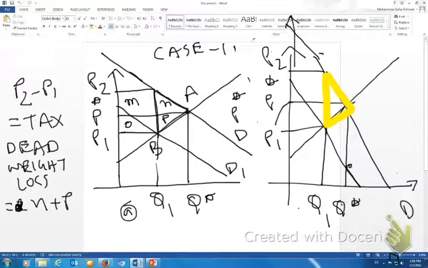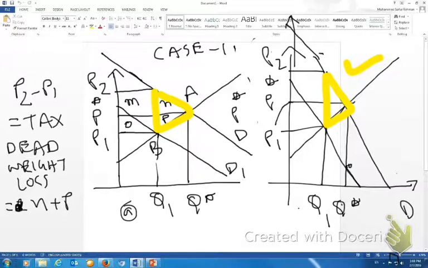And if we compare the size of this triangle with the size of the previous triangle, we would see that the case with a more inelastic demand curve, so this one on the graph figure on the right, actually has a larger deadweight loss. So if you play with the elasticity of the demand curve, you can show that the more inelastic the demand curve is, the larger the size of the deadweight loss.